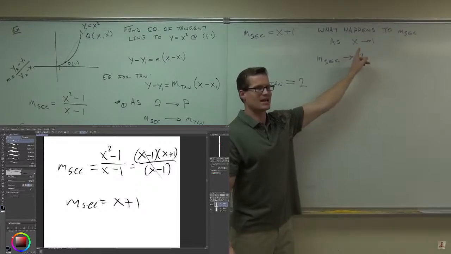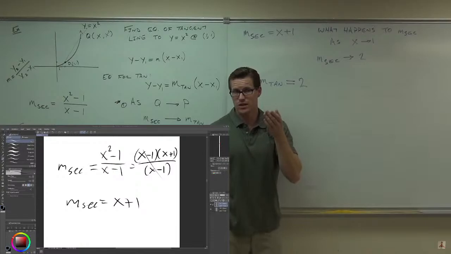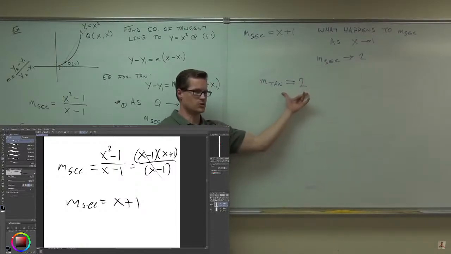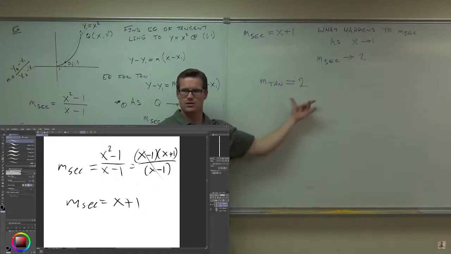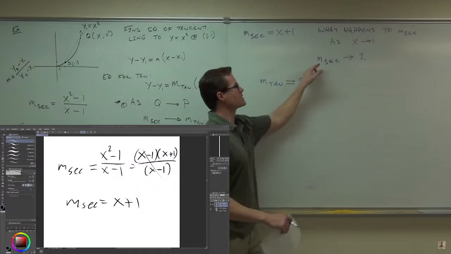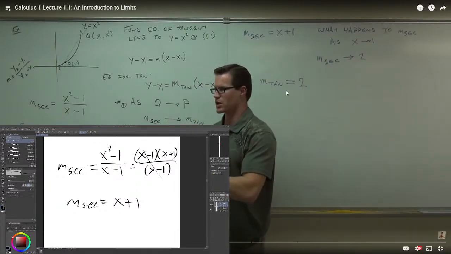Now, I can't let x equal 1, but I can make the jump that if I could let x equal 1, the slope would be 2. Do you guys see the jump? This is using limits to make the jump between a secant and a tangent. Because the secant's approaching 2, we say, okay, we got this. That's called a limit. We're going to talk more about limits later.